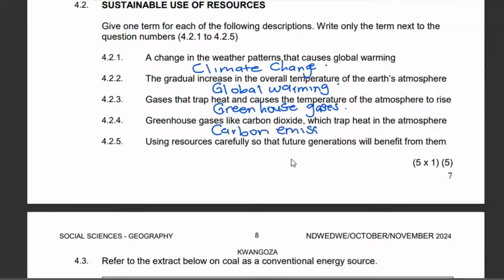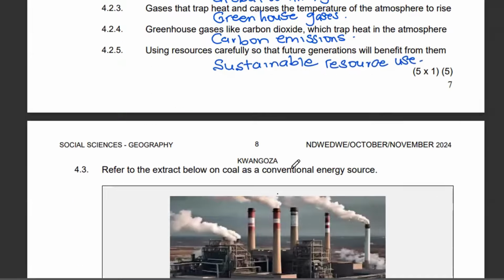Using resources carefully so that future generations will benefit from them is called sustainable resource use. So let's go to question 4.3.